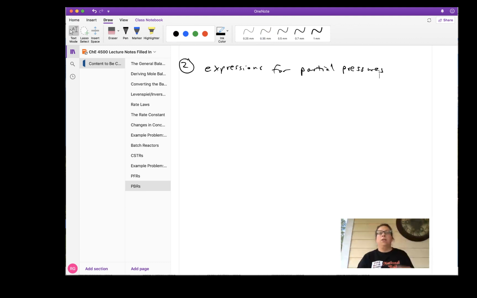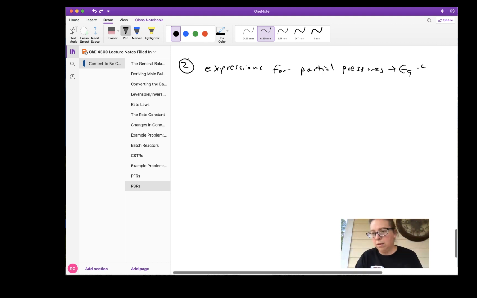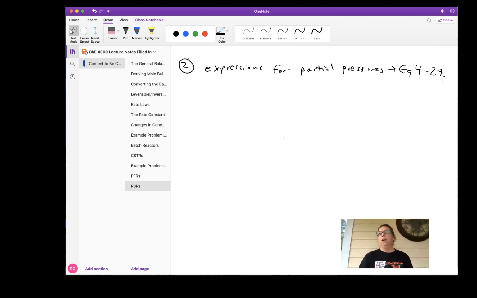So this equation (4-27), where I'm writing the change in the partial pressure down the reactor, the partial pressure is changing both due to conversion, so reaction, but also due to the change in volumetric flow rate down the reactor for this particular problem.